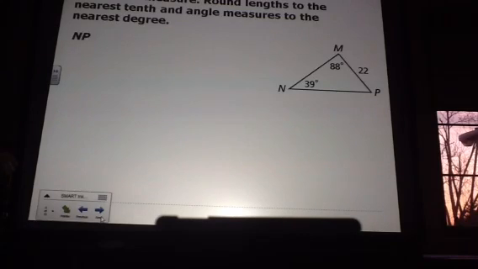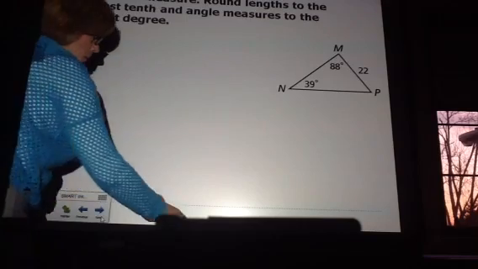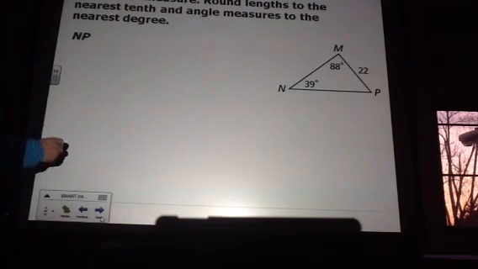Okay, find NP, round to the nearest tenth, and angle measure if needed. I'm going to be quiet and let y'all do this one on your own.